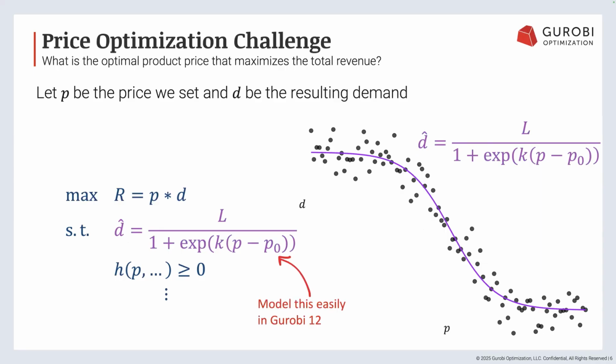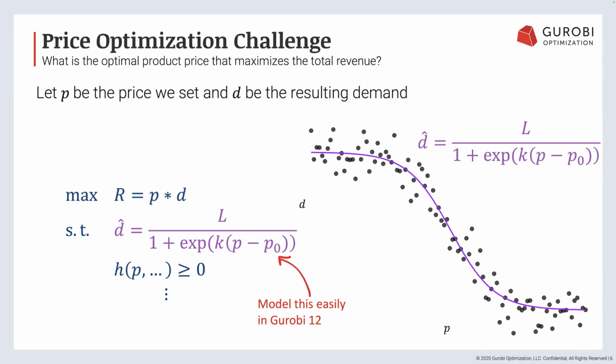And by the way, these types of nonlinear things, which are a little more complicated, can be easily modeled within Gurobi 12, either with the general constraints that handle logistic functions like this, which are very easy to deal with, and composing these types of functions is also much easier, and a great way to add this sort of complexity to any model.